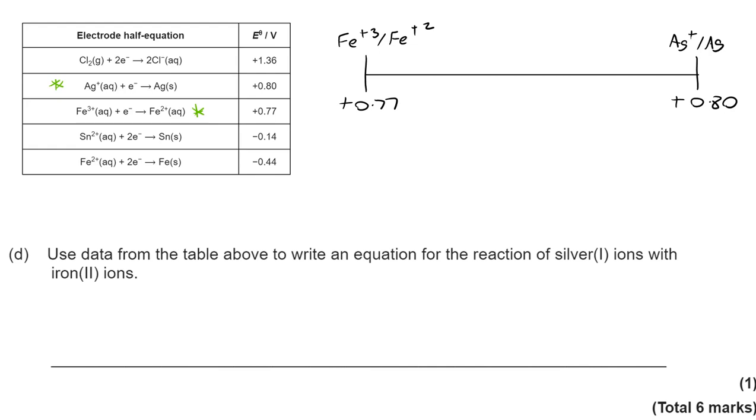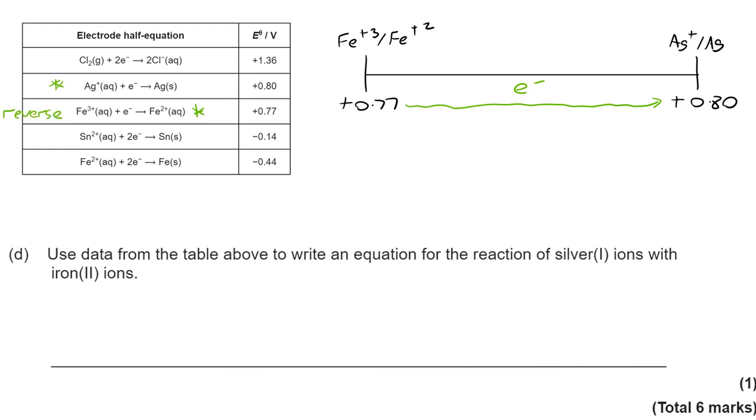Once I have them, I substitute the figures into the number line. I've got my iron half cell on the left, my silver half cell on the right, and because that means that electrons are going to flow from left to right, that means that there's going to be a loss of electrons in the iron half cell. So we're going to swap that equation around.